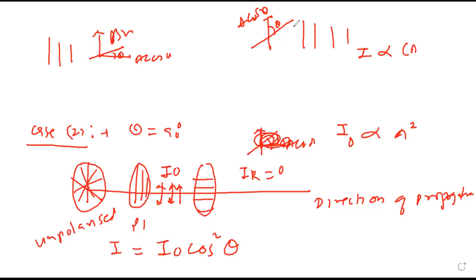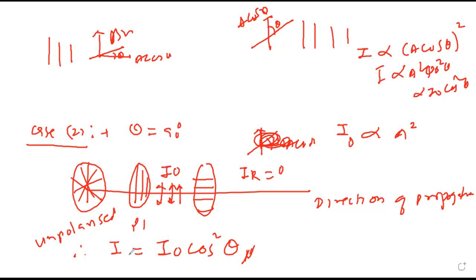So now intensity will become a cos theta squared, that means a square cos square theta. Now a square is I naught, therefore I naught cos square theta is our formula for intensity from the last polarizer. Okay, have you followed this?